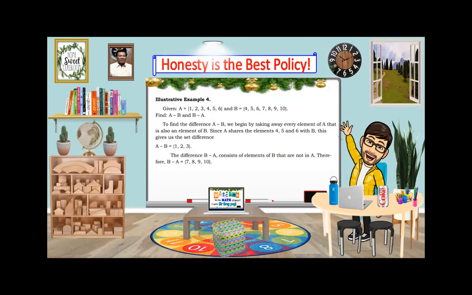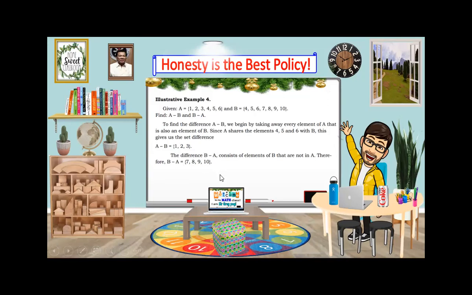So matitira na lang kapag A minus B, syempre yung A yung nauna, binawasan ni B. So ilalagay na lang natin 1, 2, 3 kasi yung natanggal doon ay 4, 5, 6 common sa dalawa, di ba? Then pag sinabing B minus A, yung B binawasan ng A, syempre ang binawas lang ang magkatulad nila ay 4, 5, 6, di ba? So matitira na lang yung 7, 8, 9, 10.